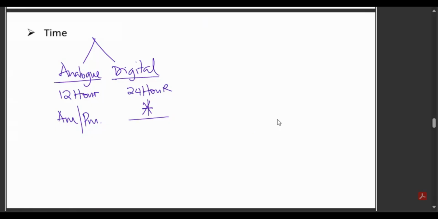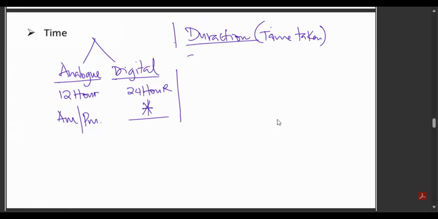What you have to remember again is that under time we also have what we call duration. Duration simply means time taken to accomplish a given activity.